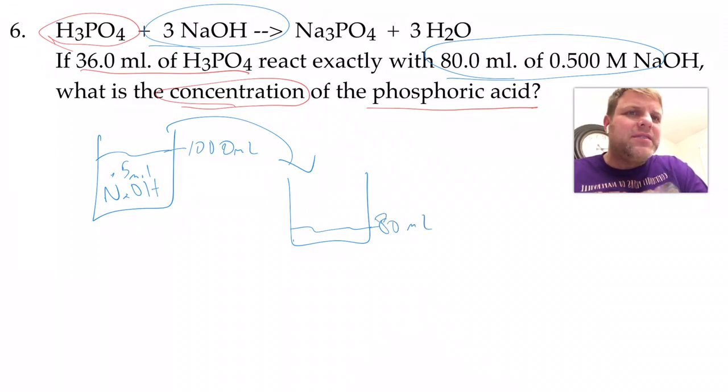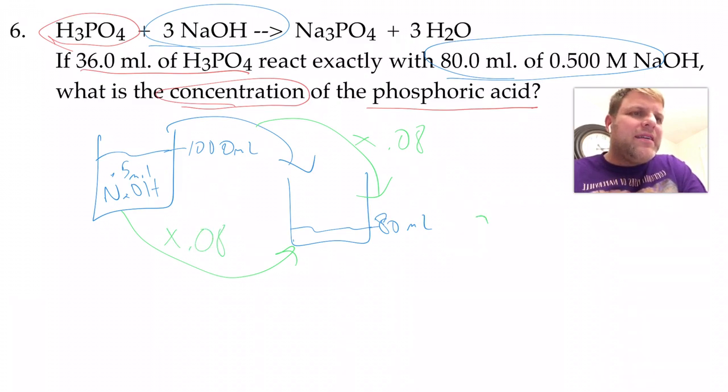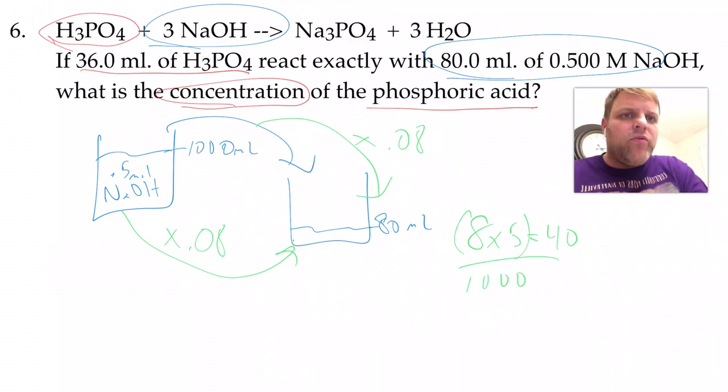So to get from 1,000 to 80, I'd have to multiply by 0.08. I know that 8 times 5 is 40, but I've got 1,000th of that because I've got 2 spaces here and 1 space there, so that's 1,000 places that I'm losing.